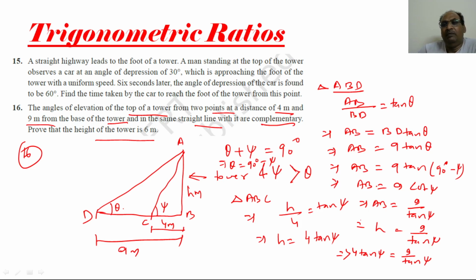Okay, so BD we have taken, BD is 5 plus 4, 9, correct. 90 minus psi, so tan square psi is equal to 9 by 4. Fine.